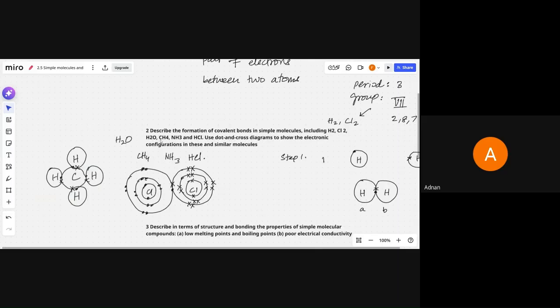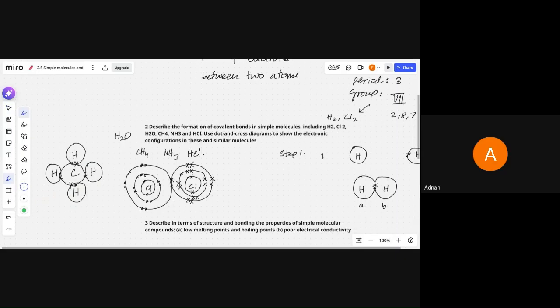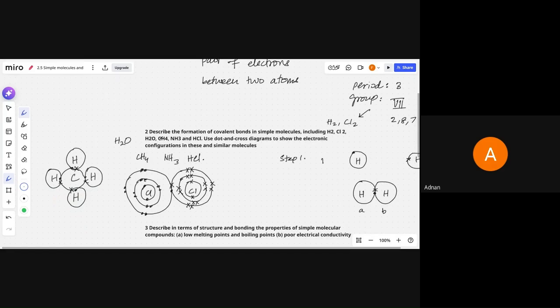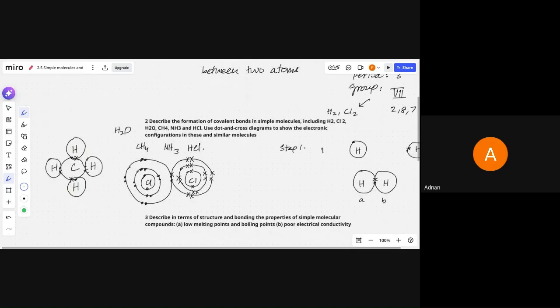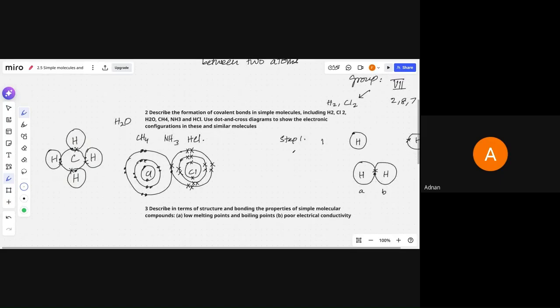Now for ammonia, again, you can pause this video here and draw the dot and cross diagram of ammonia for yourself. So nitrogen will be at the center, and nitrogen has five electrons, since it is in group 5 and period 2. So it will need three more electrons to have a complete outer shell.